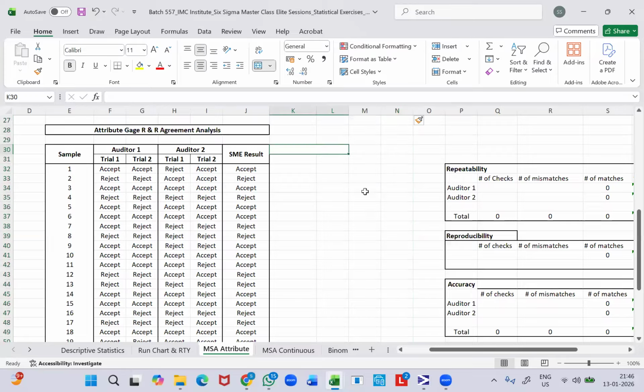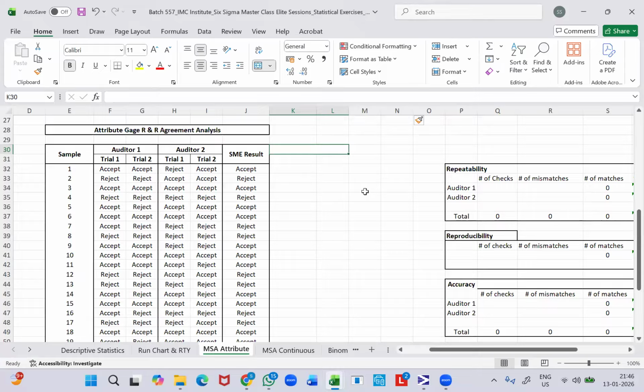Right. So first I'm going to calculate repeatability. So before that, what exactly is repeatability? Repeatability is nothing but the consistency in the auditor provided trial results for a particular sample, or consistency in the results provided by an auditor for multiple trials for a particular sample.